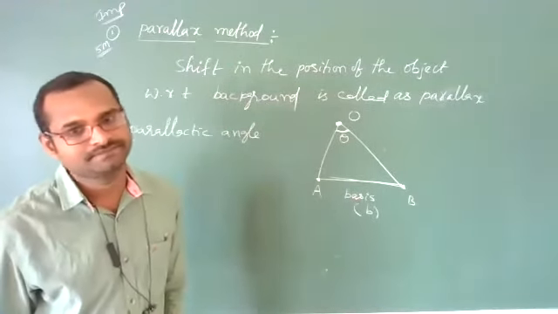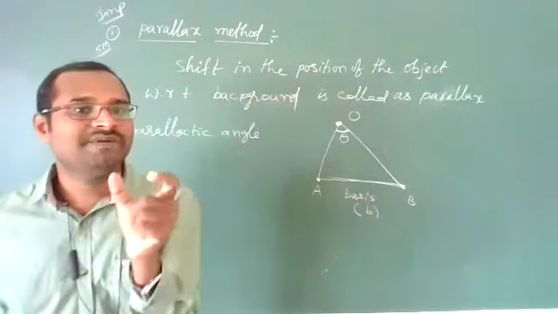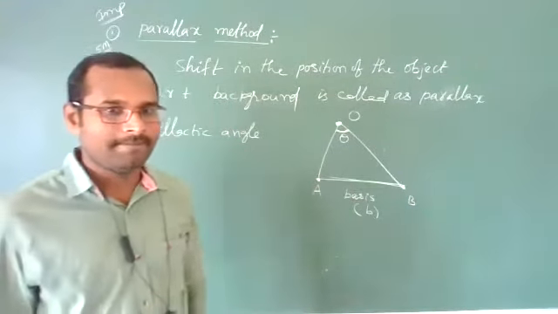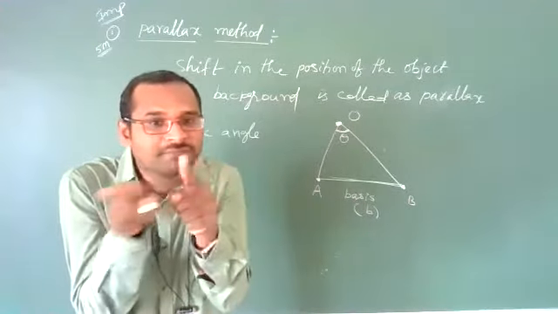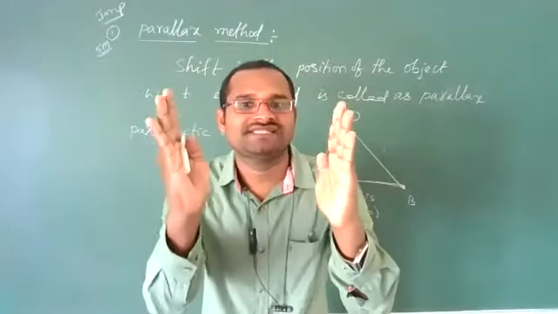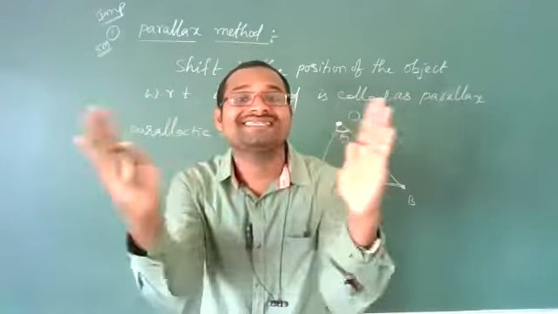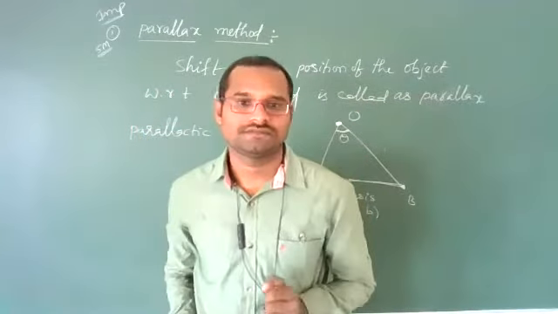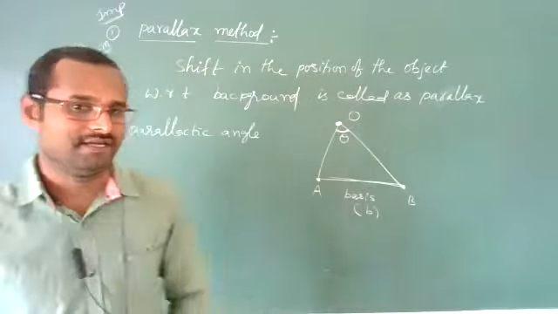Got it? Clear? So what is the parallactic angle? What is the basis? You must know. Basis is the distance between the two shifts in the position of the object. One time we are seeing here, another time we are seeing here. Between these two positions of the object, the distance is called the basis.